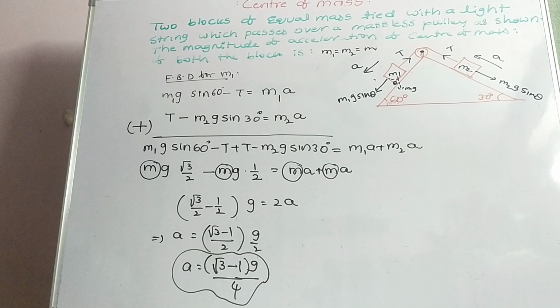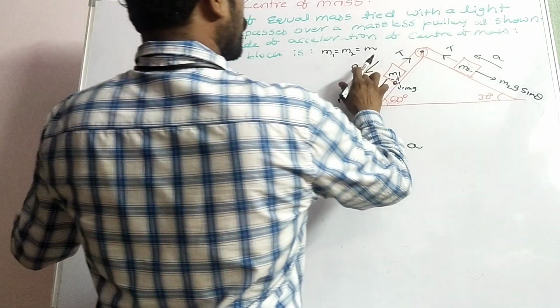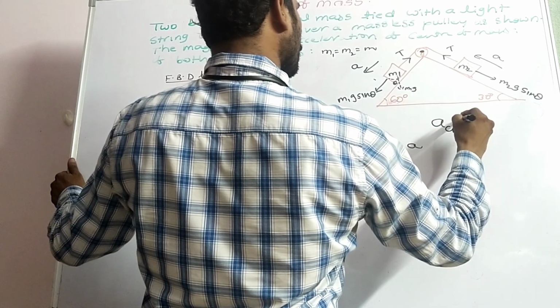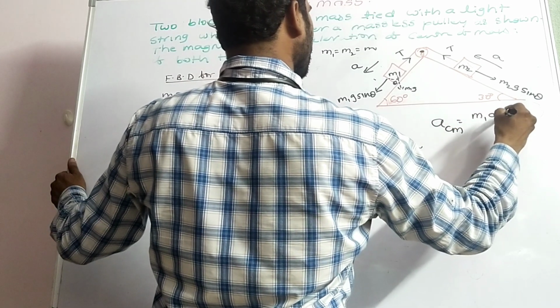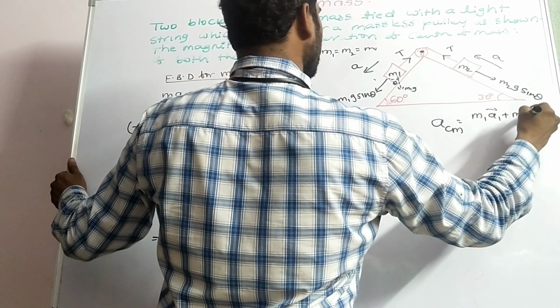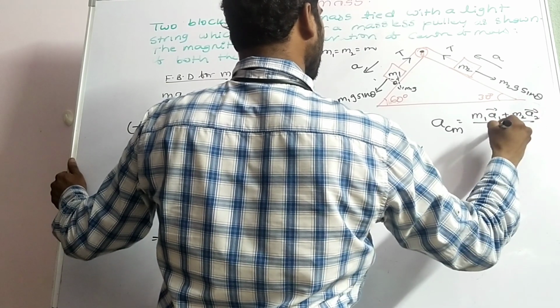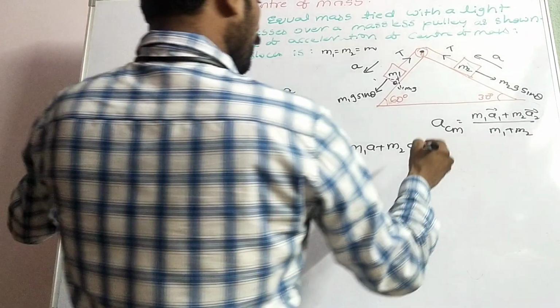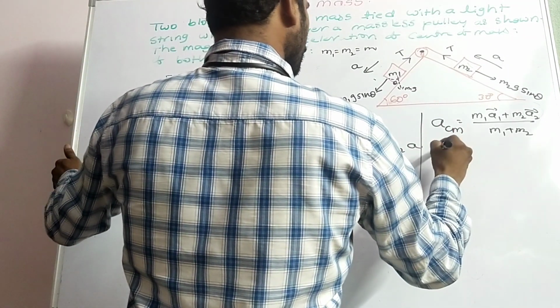Now, for these two systems, acceleration ACM is equal to (m1 a1 bar plus m2 a2 bar) by (m1 plus m2). Now what about the magnitude of ACM?